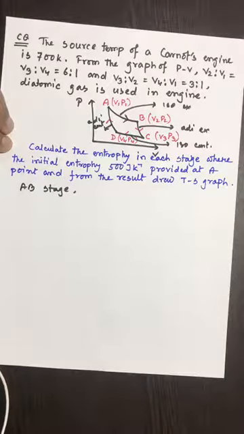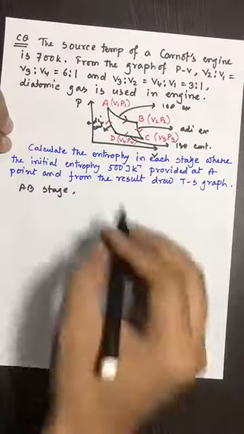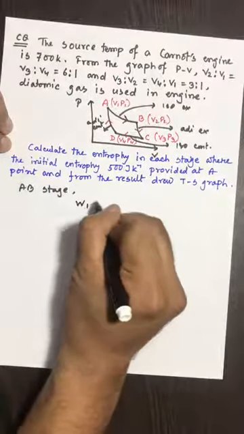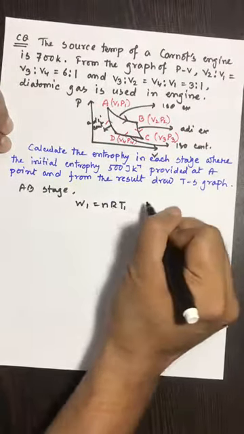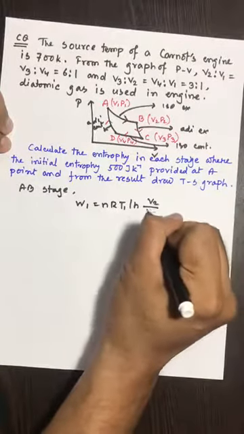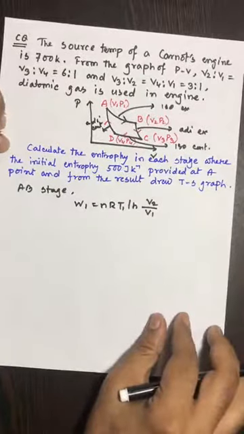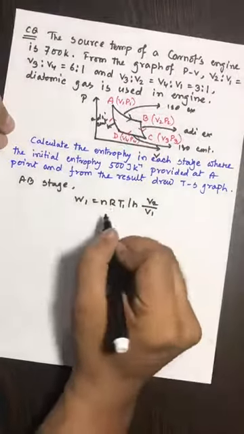So W1 equals nRT1 ln V2 by V1. Guys, I need to go faster in this video, so you need to go through it very quickly.